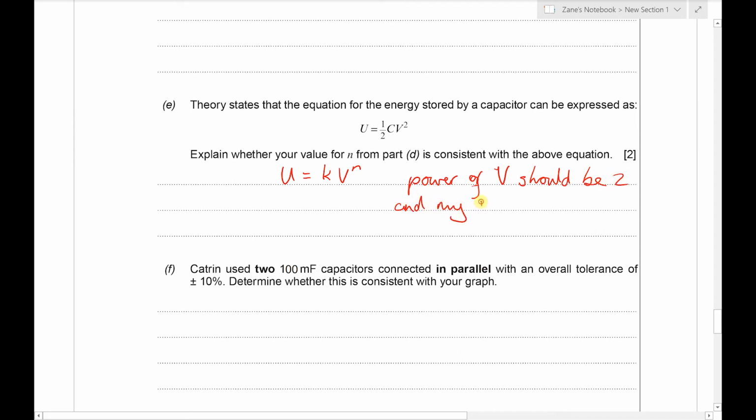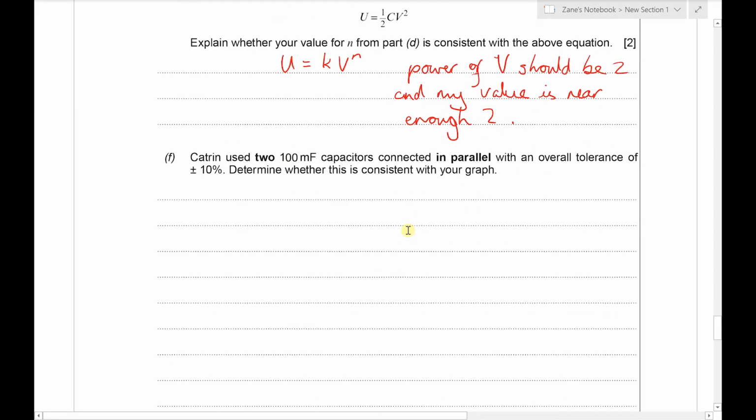And the value that I got is near enough 2. So in other words, we got a value for n that is consistent with the above equation.